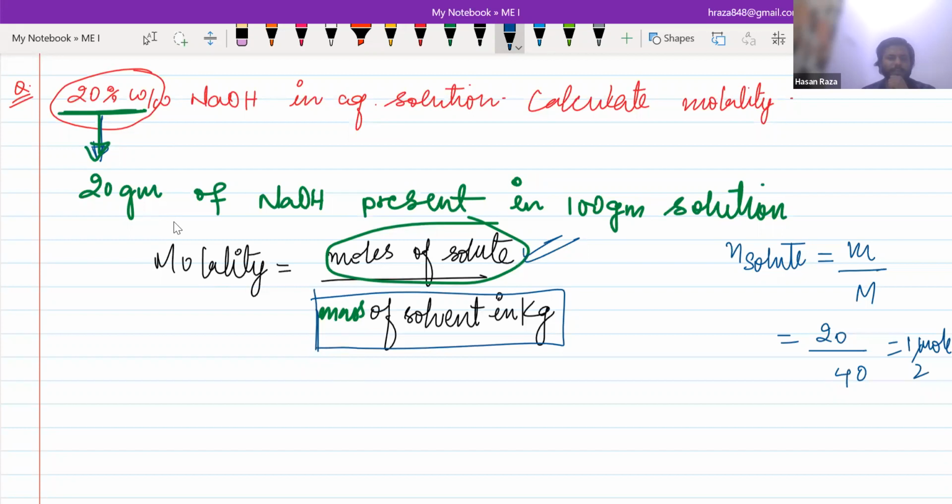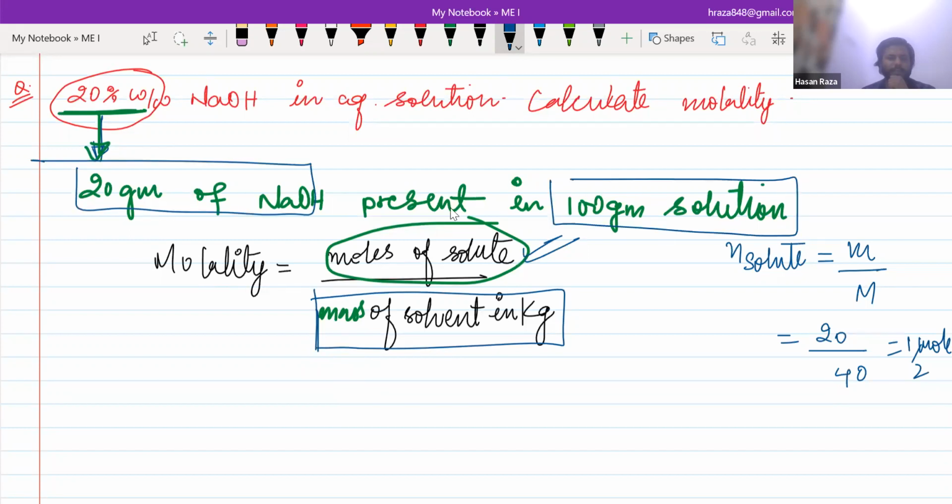If mass of solution is given, can you calculate the mass of solvent? Sir, how will we calculate the mass of solvent?